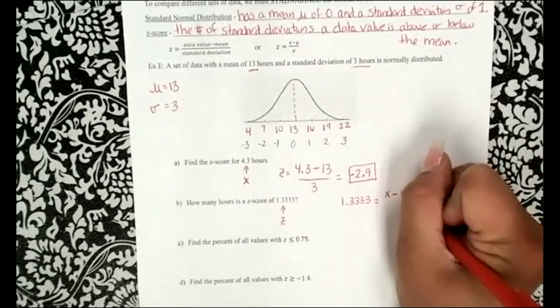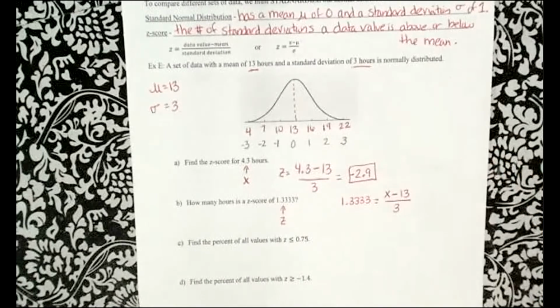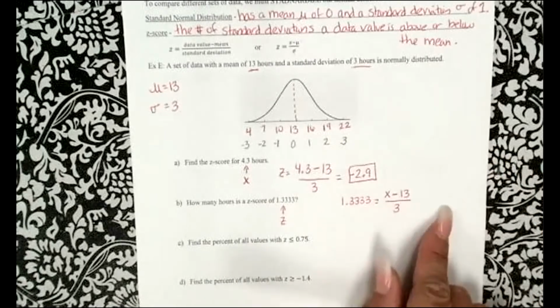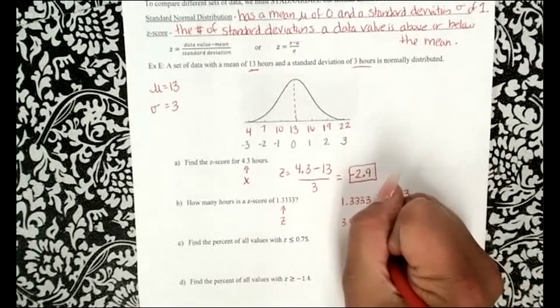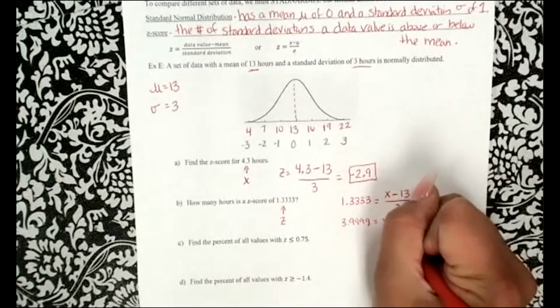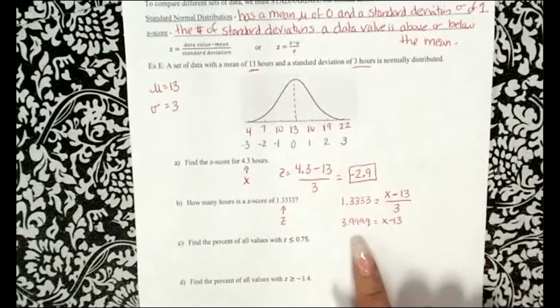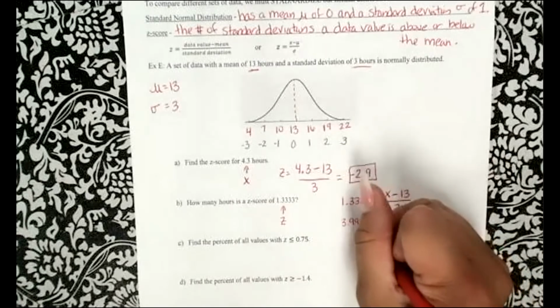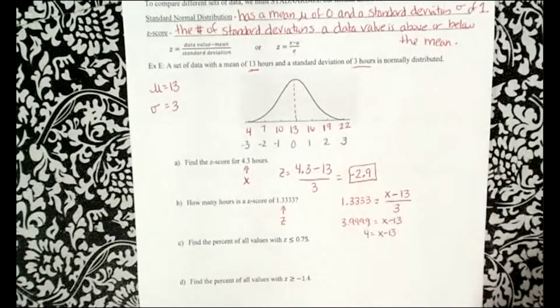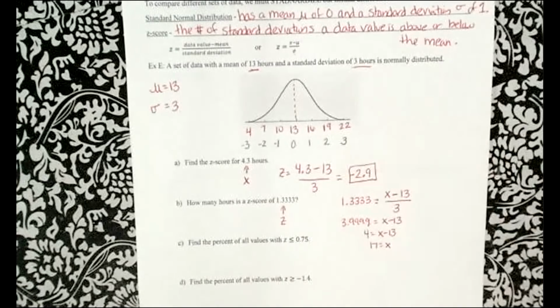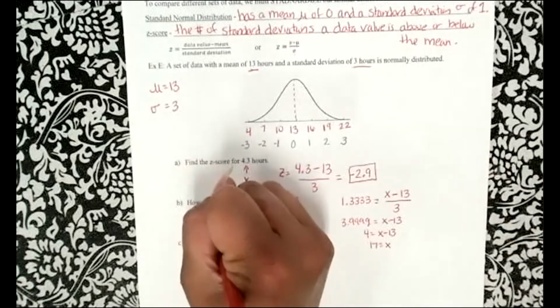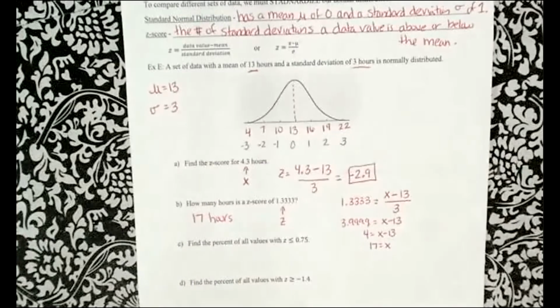Minus the mean, which is 13, divided by the standard deviation of 3. I'm going to multiply both sides by 3. So now I get 3.9999 equals X minus 13. This is technically going to be a 4. And when I add 13 to both sides, 17 equals X. So this answer is going to be 17 hours.